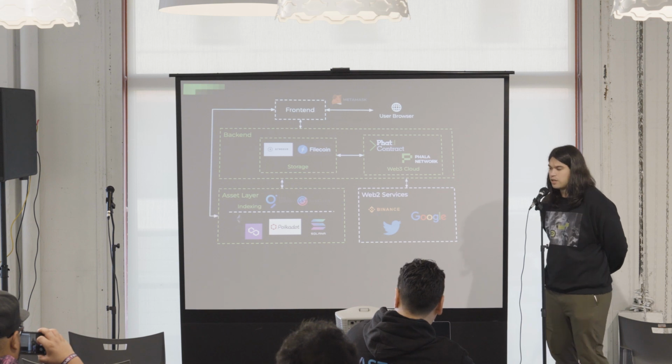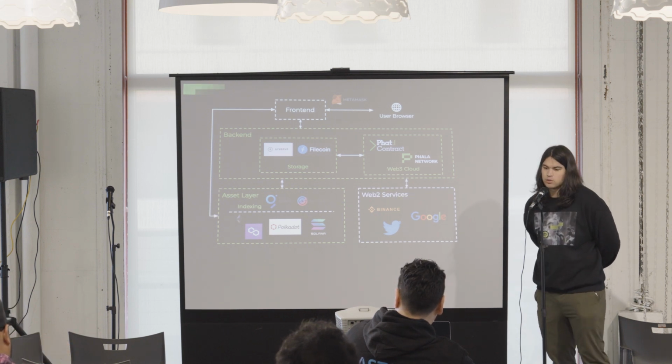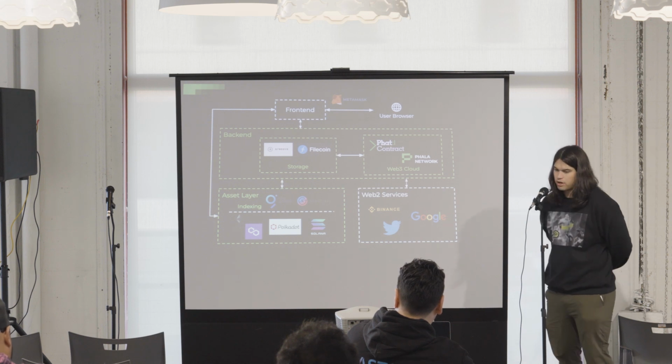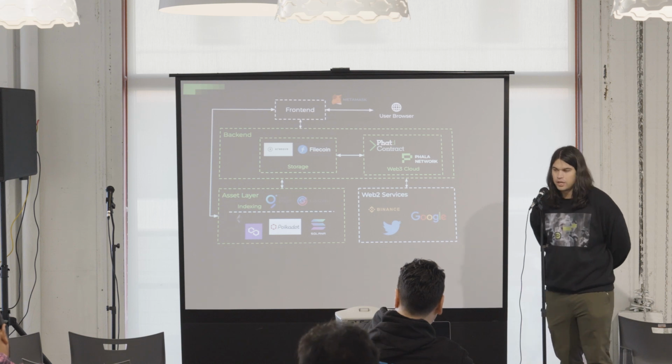Now you're starting to see, okay, now I can connect storage. What about other Web2 services? Well, now you can use the HTTP request to run a bot for Twitter, run a bot for Telegram, get data from other HTTP endpoints, and so on.